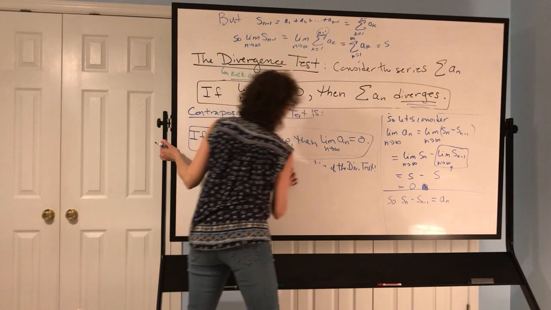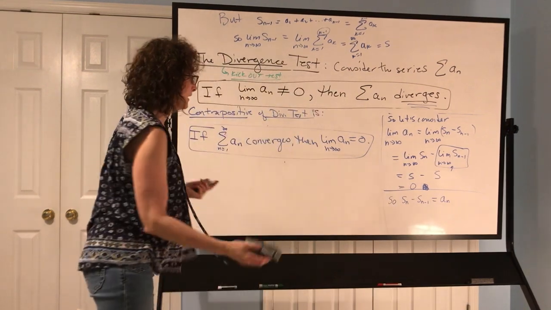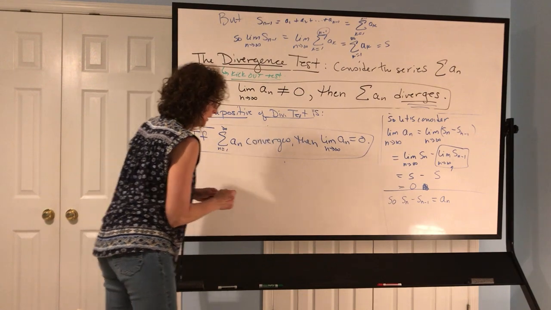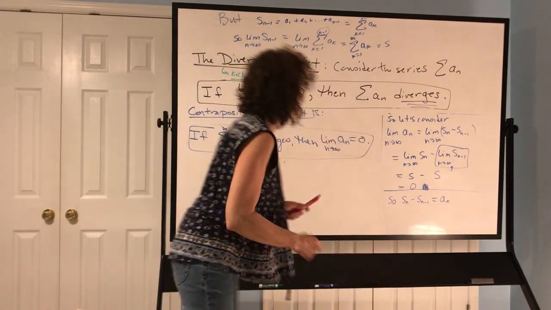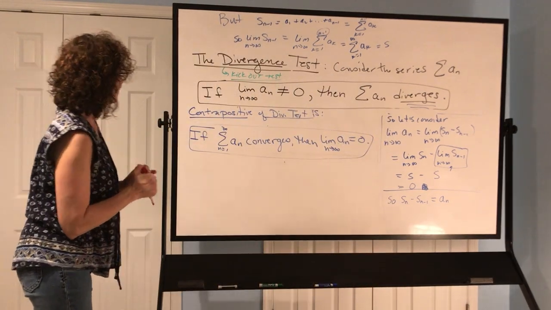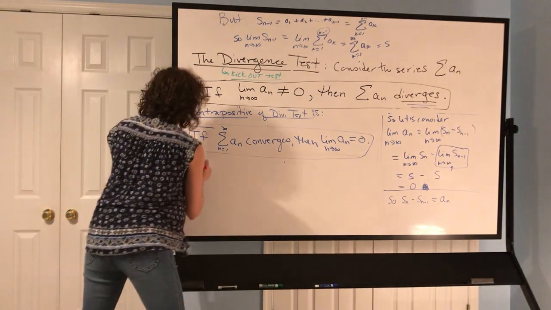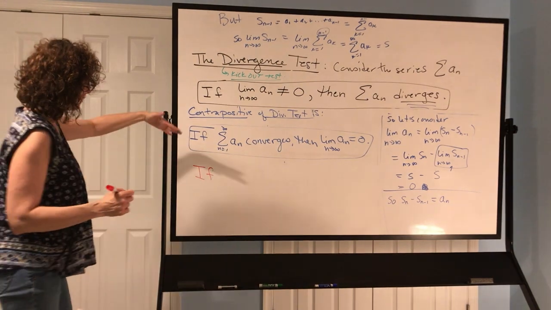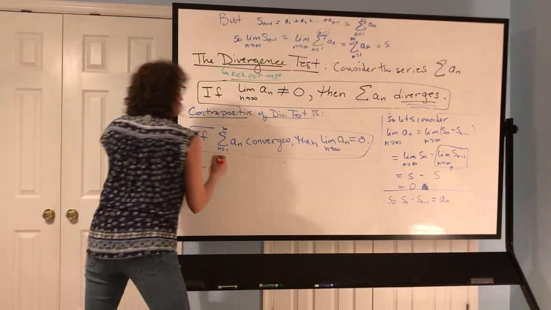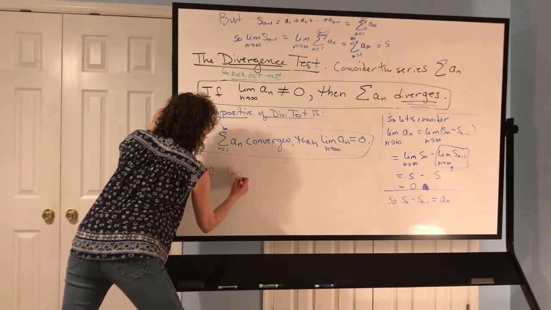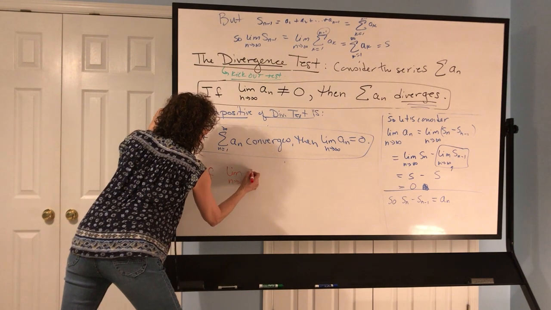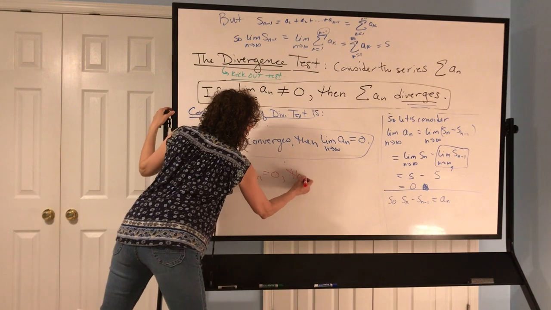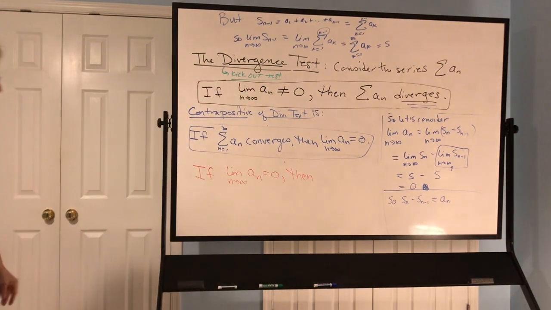Let's write down one more thing before we move on, and we're going to do more examples. Let's write this in red. I want all these three things in one place. If the limit as n goes to infinity of a sub n is equal to 0, then what do we know?